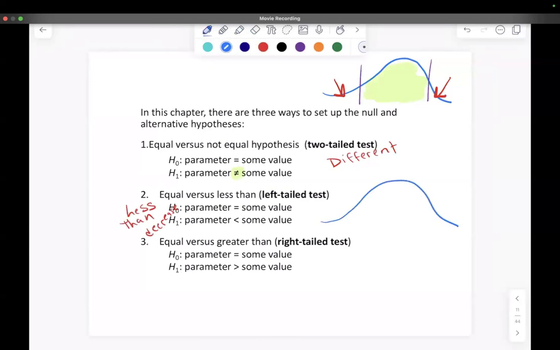We're saying less than. So if the sample is anywhere up here, then you don't have enough evidence to support your alternative hypothesis. If your sample lands out here, then you have evidence to support your alternative hypothesis.